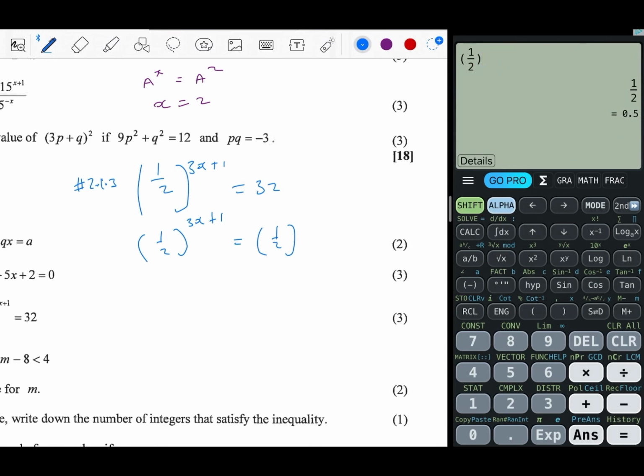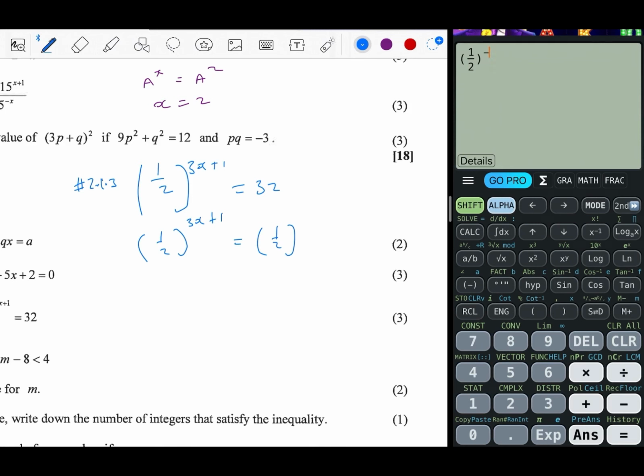If you say half power 1, you get half, and if you say half power 2, you get 0.25. But if you say half power negative 2, because we want to have a 32 there, you get a 4. So I think we should continue with negative numbers instead of positive numbers, because with negative numbers we get higher values, with positive numbers you're going to get smaller values.